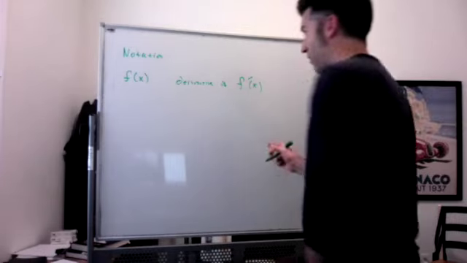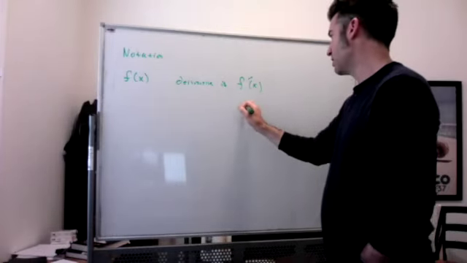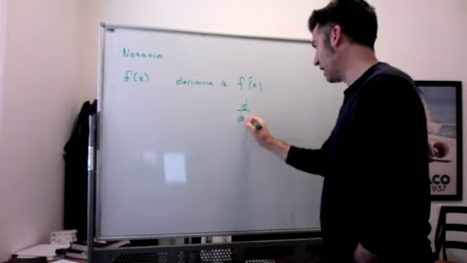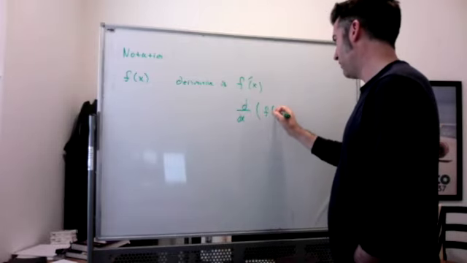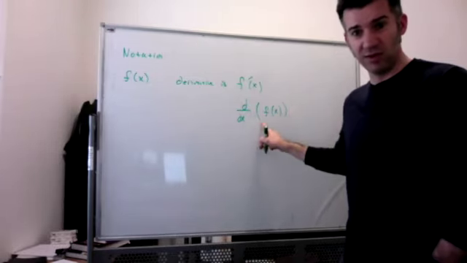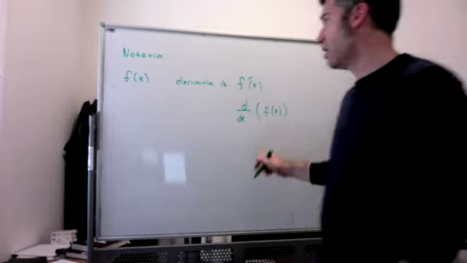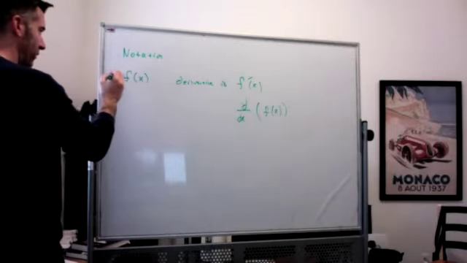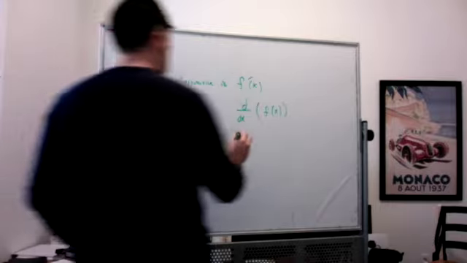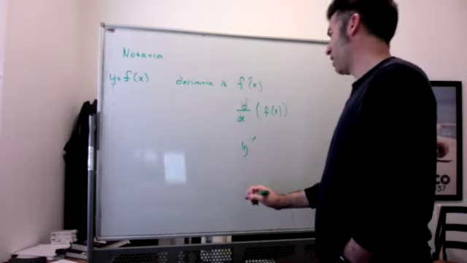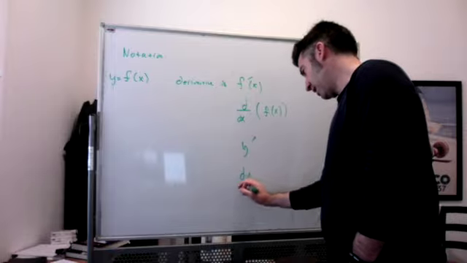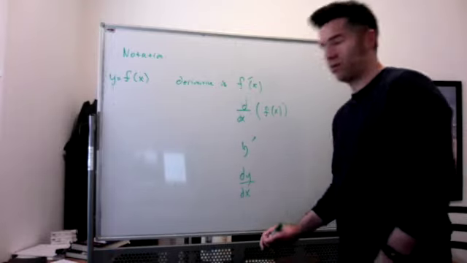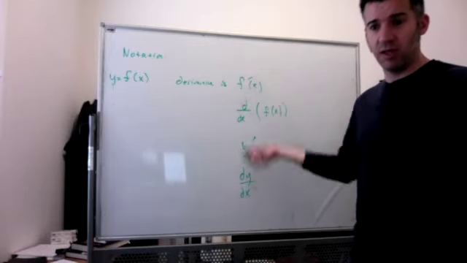Sometimes people will take d dx of f of x, which I actually use a lot. If people are saying the function is y, they might also write y prime. They might also write dy dx. These are probably the most common notations.